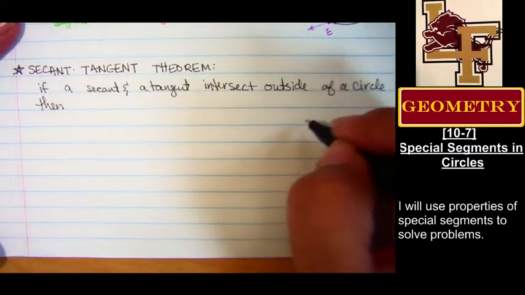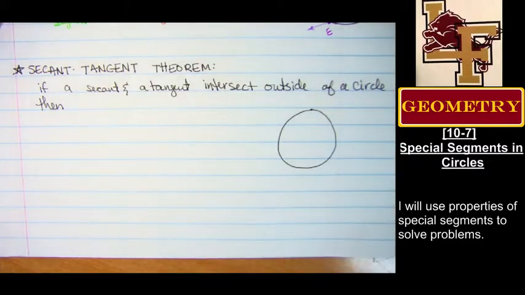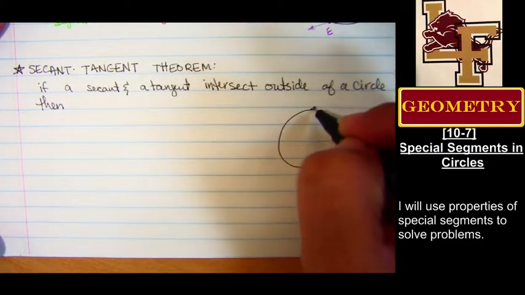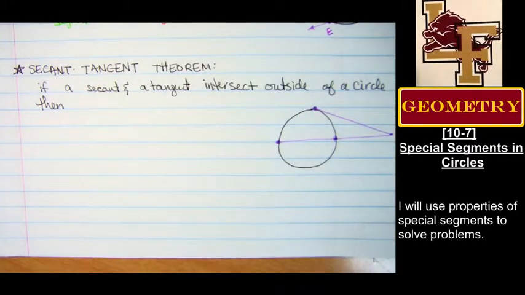then, all right, let's draw our setup. I have a circle, I have a tangent, and it connects to a secant. And that intersection happens outside. All right, four letters from someone who hasn't said anything yet at all today.